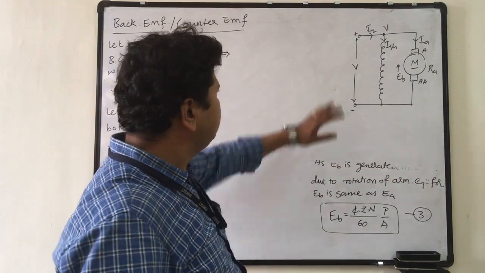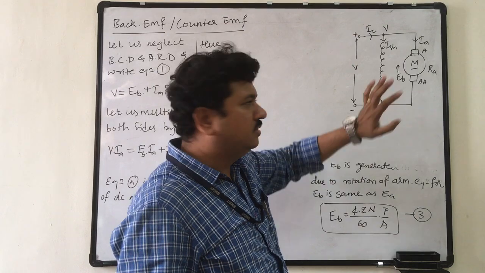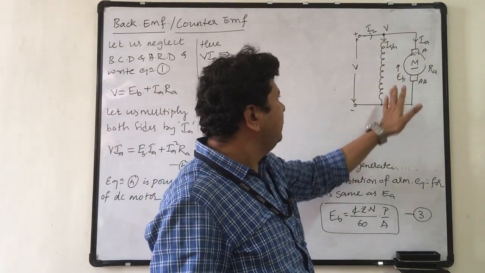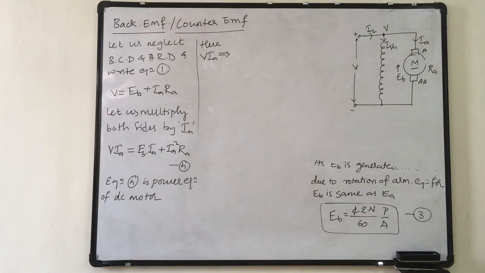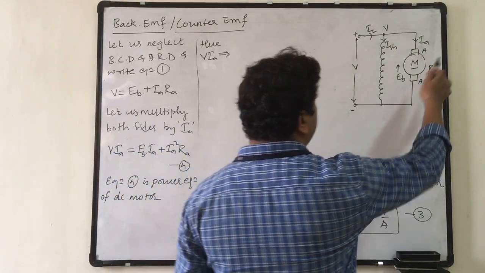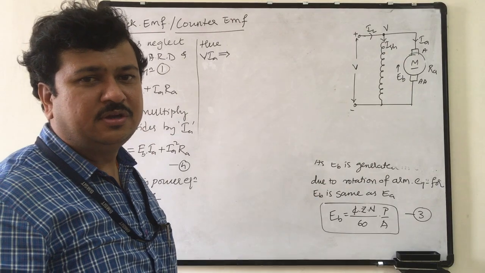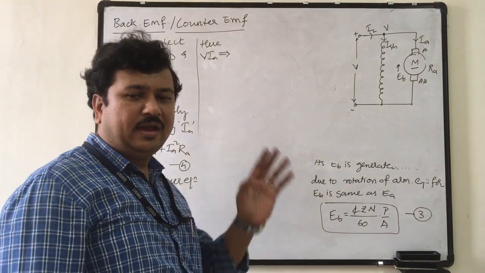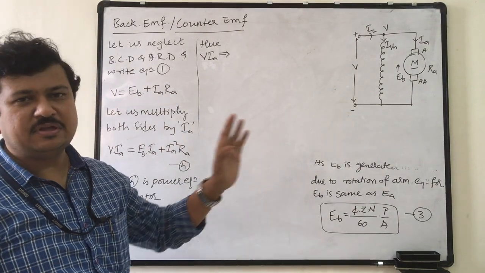So whatever supply voltage V I have, the same appears across this shunt field winding. Now this V is appearing entirely across the armature. So V is the voltage given from the source to the armature. Ia is the current drawn from the source by the armature. So both V and Ia are taken from the source by the armature.